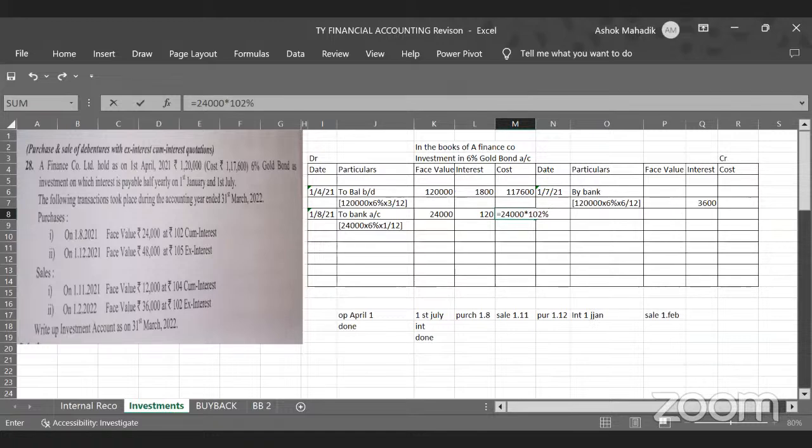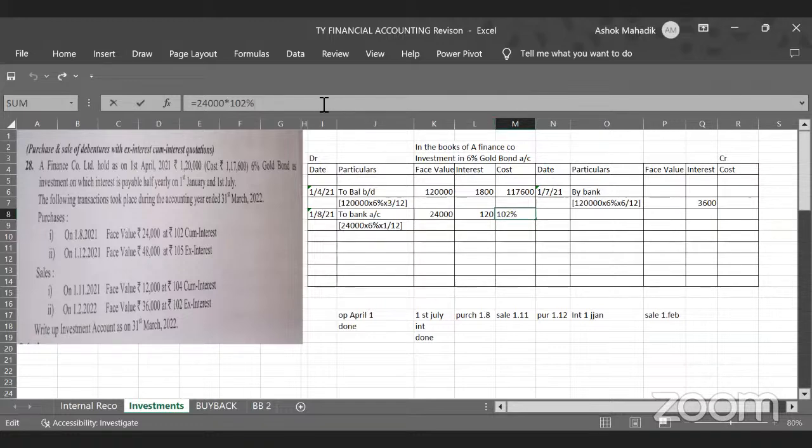Let me see if this works on the calculator. On the calculator also you can do it. 24,000 into 102%. Now, as I told you, this is including the interest. What is the interest amount? 120. So this 24,480 includes the interest of 120. So I'll remove 120 from this sum.